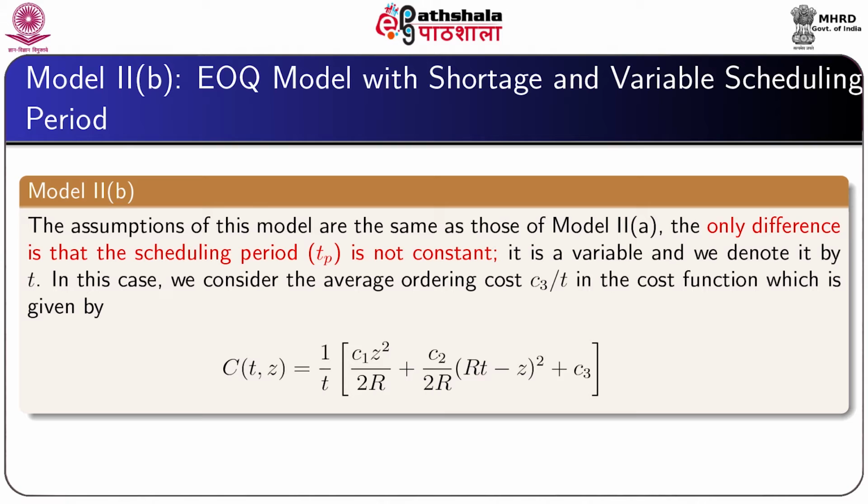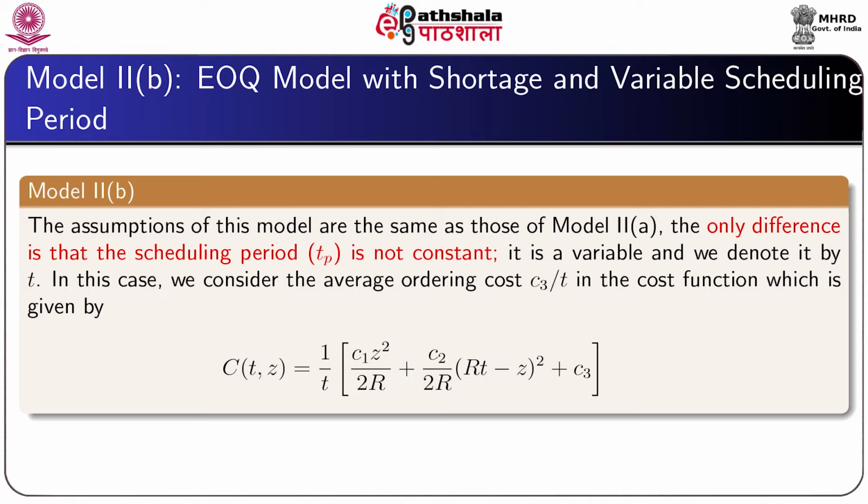Now, we come to the next model, which is the EOQ model with shortages and variable scheduling period. Here the only difference from model 2A is that the scheduling period Tp is not constant. Since the scheduling period is not constant, we have to consider the ordering cost.